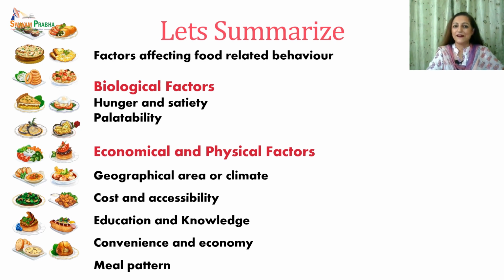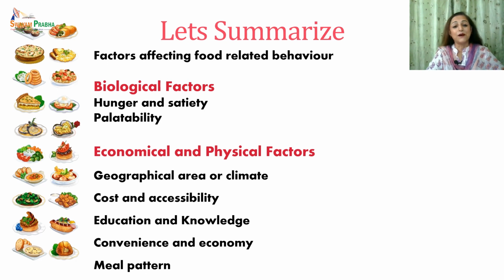We studied the various determinants of food choice and the various factors which affect food related behavior. The first factor we studied was biological factors, in which hunger, satiety and palatability are two important factors.